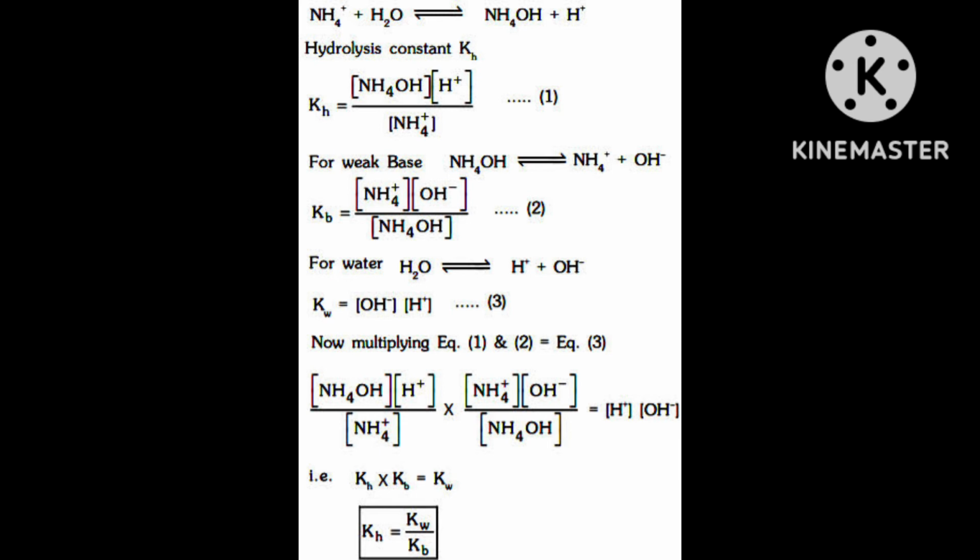Calculate the pH after 50 ml of this solution is treated with 25 ml of M by 10 HCl, means both are the same: 0.1 M ammonia, and HCl is also 0.1 M. The dissociation constant of ammonia is given, Kb is 1.77 into 10 to the power minus 5.